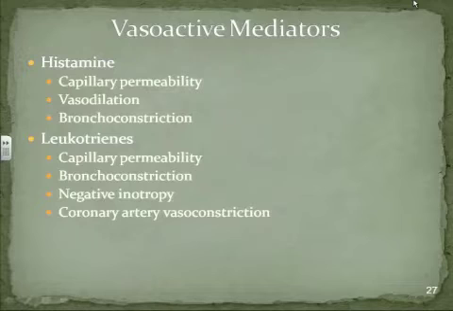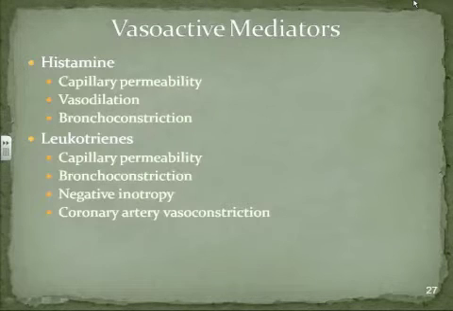The vasoactive mediators are released by the local inflammatory response, such as histamine, which causes capillary permeability. That's helpful because it increases demargination of white cells. It causes vasodilation, which decreases perfusion velocity, which increases the amount of degranulation that occurs from the white cells, and bronchoconstriction may also help.